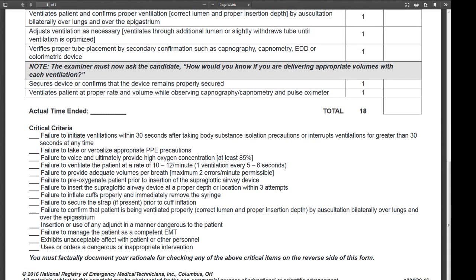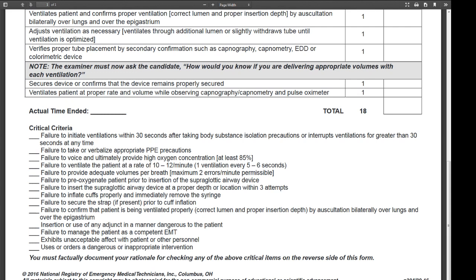Note, the examiner must now ask the candidate, how would you know if you are delivering appropriate volumes with each ventilation? Secures device or confirms that the device remains properly secured. Ventilates patient at proper rate and volume while observing capnography/capnometry and pulse oximeter.